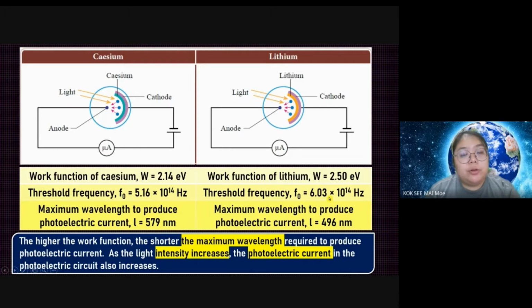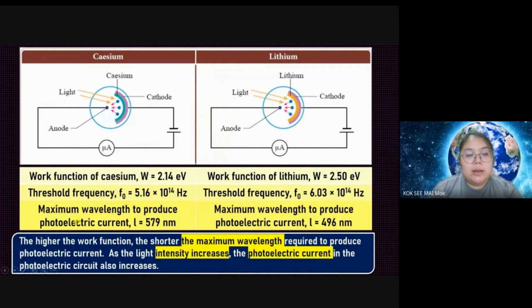So the photon energy must be high enough to overcome the work function and the threshold frequency to let the electron come out. Wavelength and frequency are inversely related. When the frequency is low, the wavelength must be high. So for the electron to come out, the frequency can be low, but the wavelength is sure to be longer.